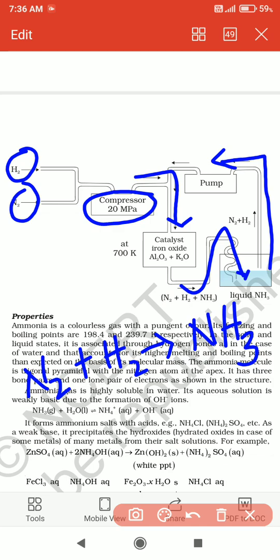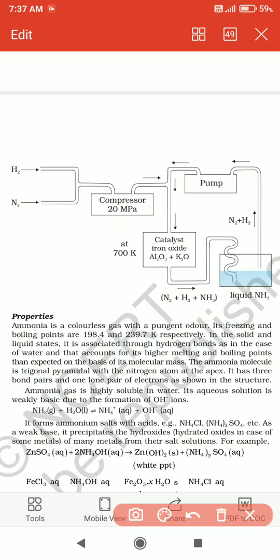The duty of the pump is always forwarding, so that the compressed gas is allowed inside. The non-liquefied gases combine with the compressed gas, and most probably the gases will easily liquefy. If you repeat this process a number of times, the gas components will easily liquefy, and we can easily get a larger quantity of ammonia. So this is called Haber's process.